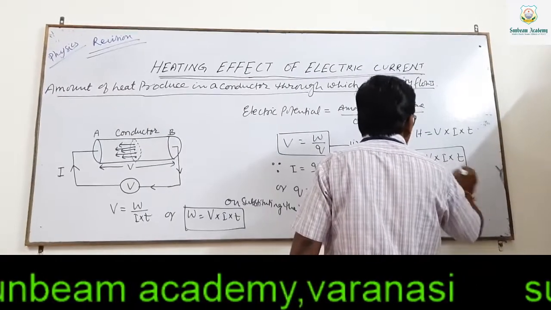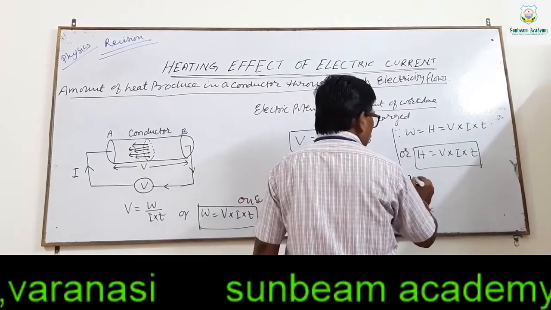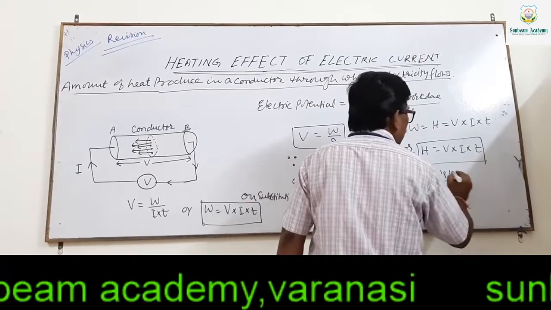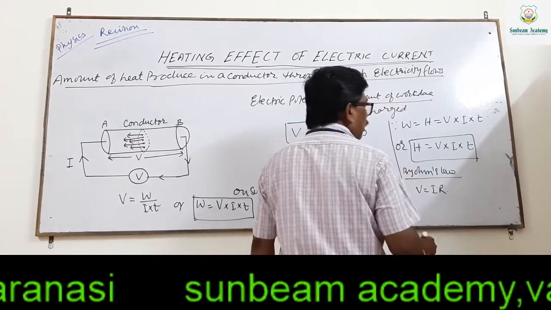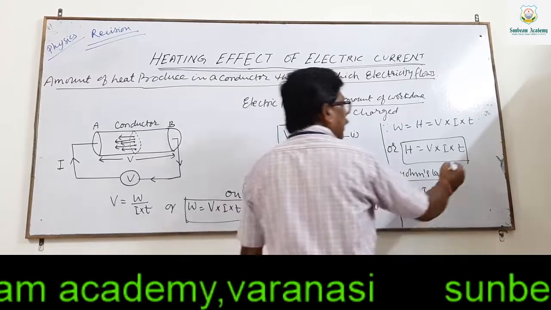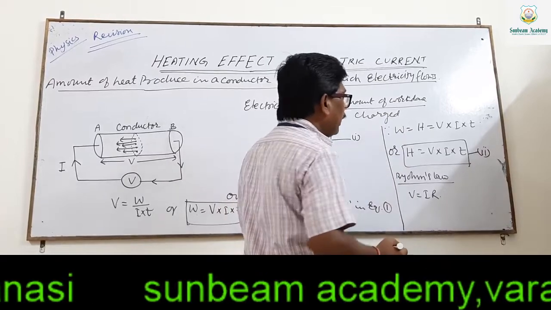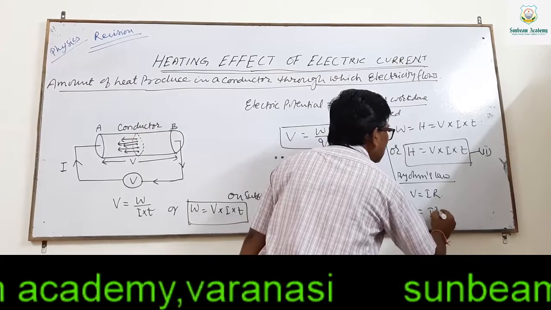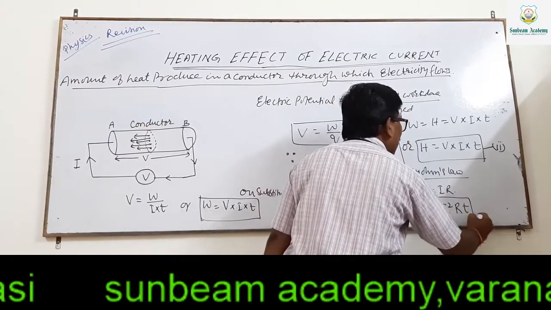Now, you know Ohm's law. By Ohm's law, V is equal to IR. On substituting the value of V in equation second, you will get H is equal to I square RT.